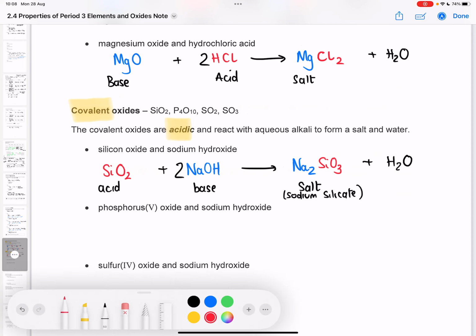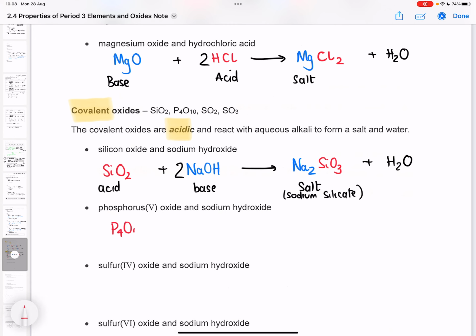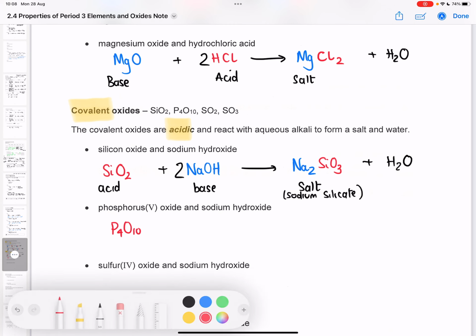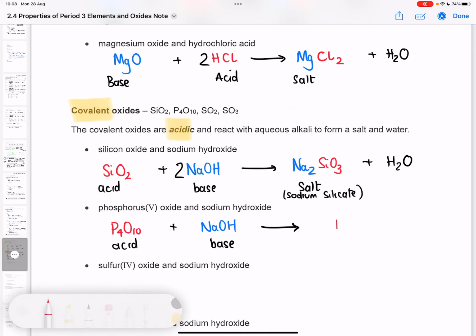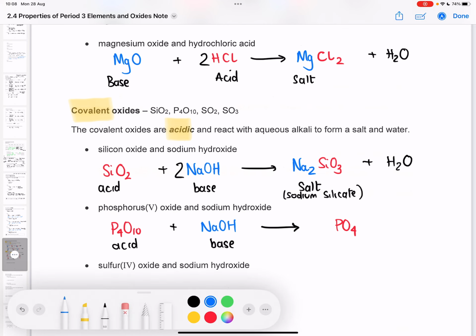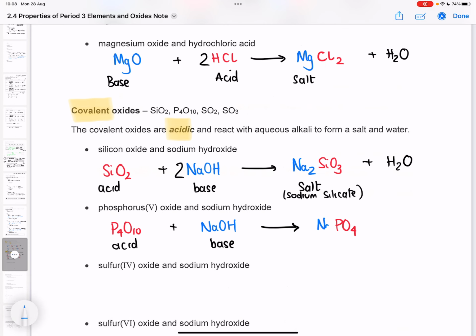So let's have a look at our next one. Phosphorus 4 oxide is our acid. Sodium hydroxide again is our base. So here's our acid. Here's our base. Remembering that we're going to use the acid to make the anion, so PO4, remember that's 3-, and our base is going to give us our metal, and so we're going to need 3 sodiums to balance PO4 3-.